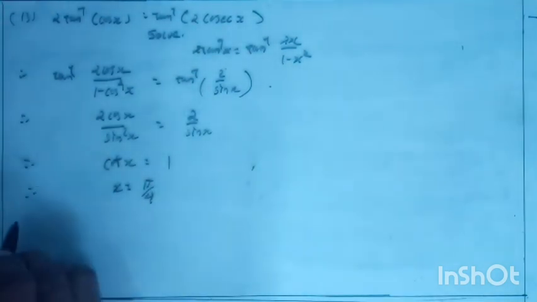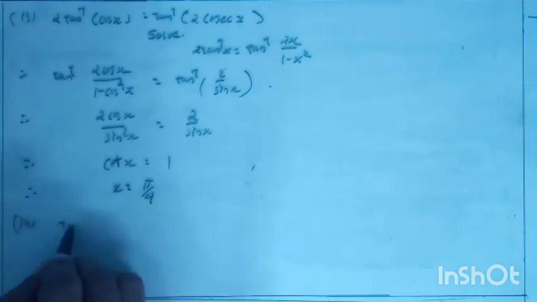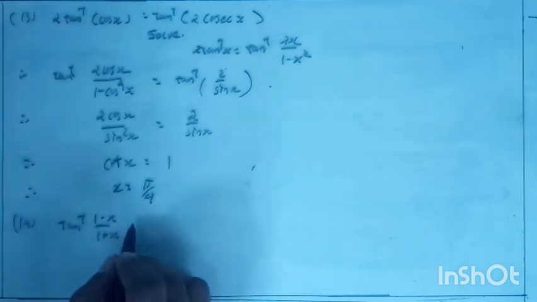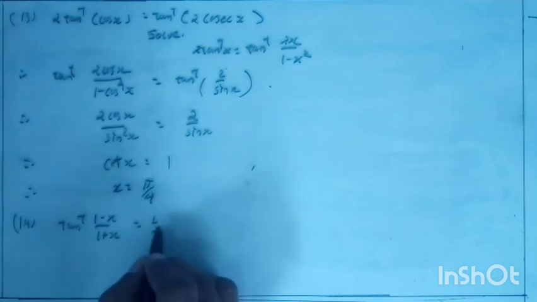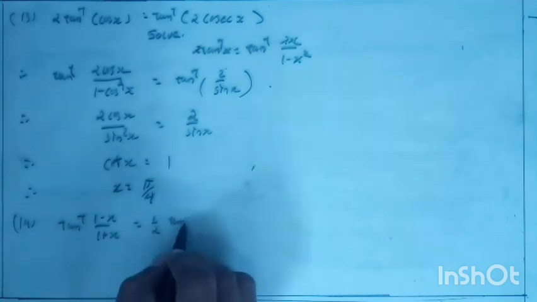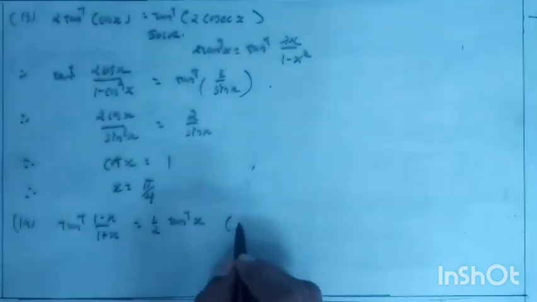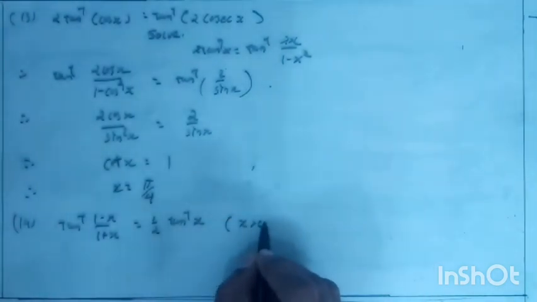Same, question number 14. Solve this. Tan inverse 1 minus x upon 1 plus x is equal to 1 by 2 tan inverse x, for x greater than 0.